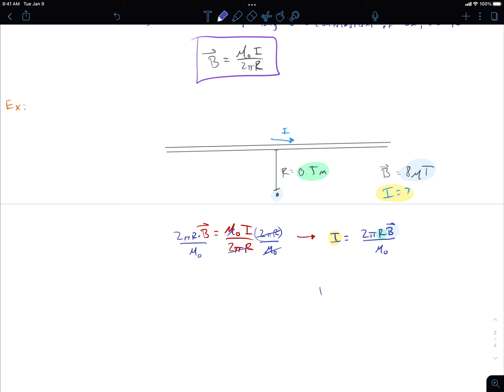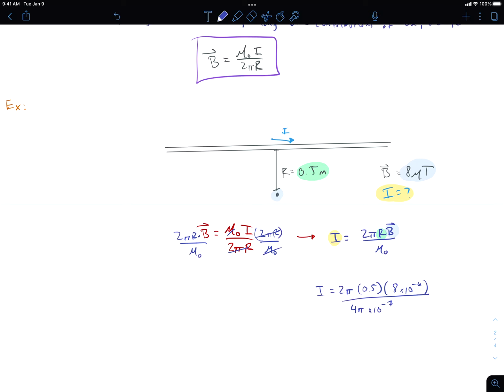Here what we're going to have is I is equal to 2 pi times r, which is 0.5 meters, times my magnetic field of 8, and then remember micro being times 10 to the minus 6 tesla, okay? All of that divided by mu naught, which is 4 pi times 10 to the minus 7, okay?